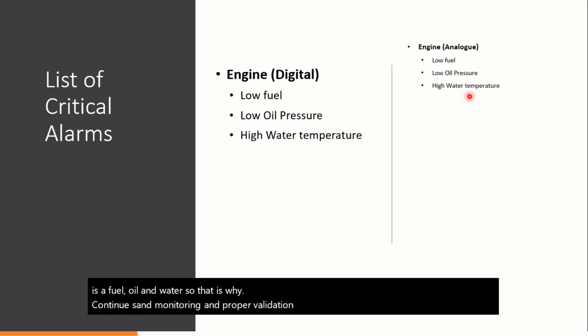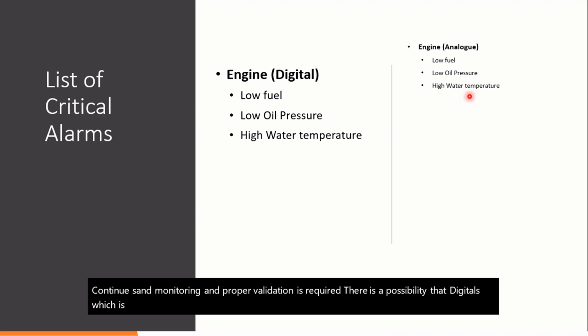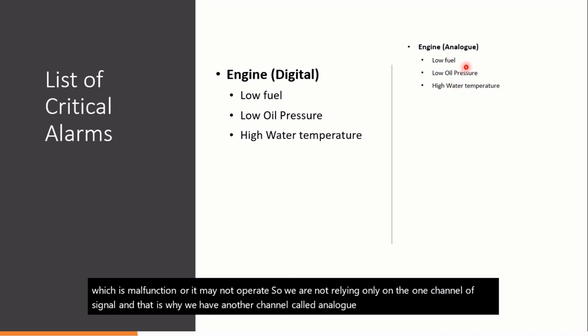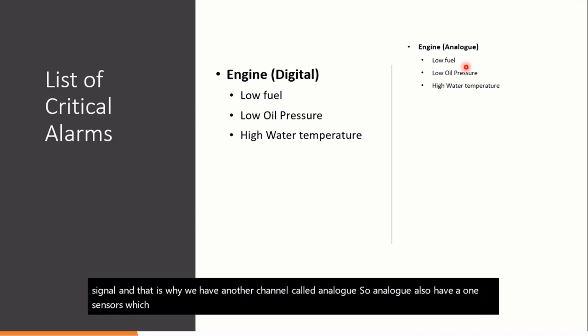There is a possibility that digital switches malfunction or may not operate. So we are not relying only on one channel of signal, and that is why we have another channel called analog. So analog also has a sensor which continuously monitors the fuel level.